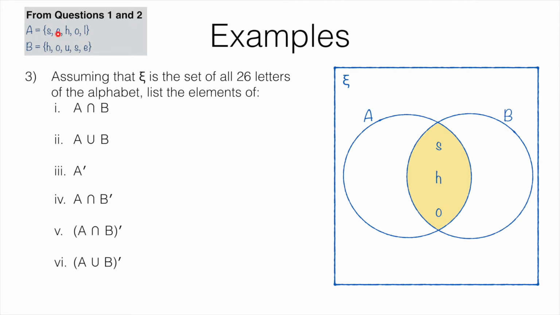Well, we haven't used the C and we haven't used the L. So a C and an L would belong in here. Then work out what letters go here. And then make sure that you fill in all of the remaining letters of the alphabet outside in this part of the Venn diagram. Pause the video and see if you can complete the Venn diagram.